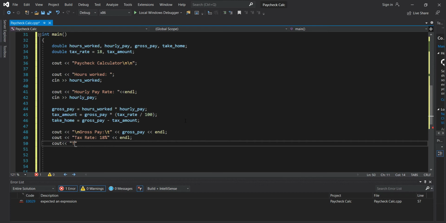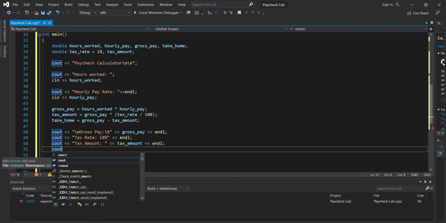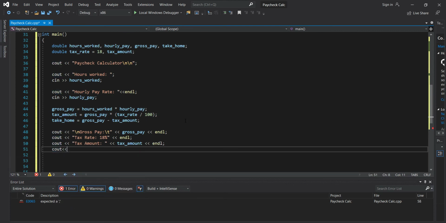And then we have our tax amount, which is tax amount. End line. Cout. It's going to be take home for the last one. And end line.